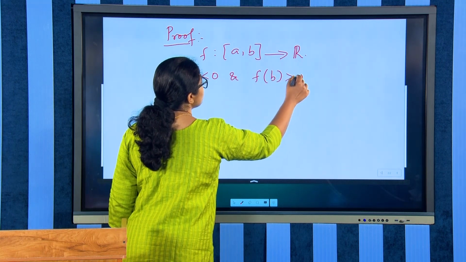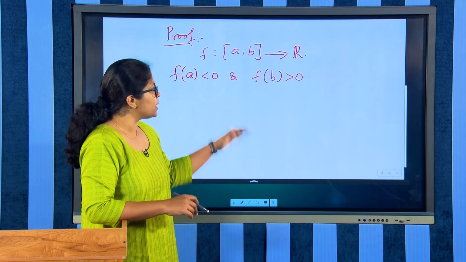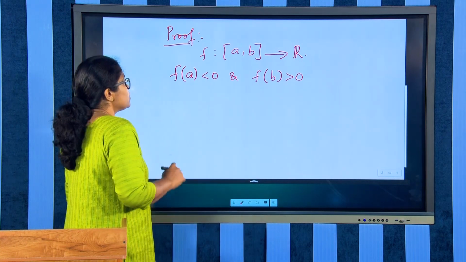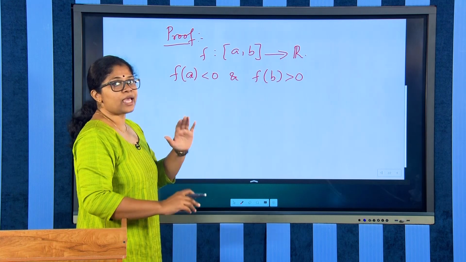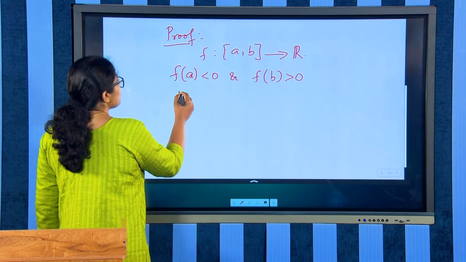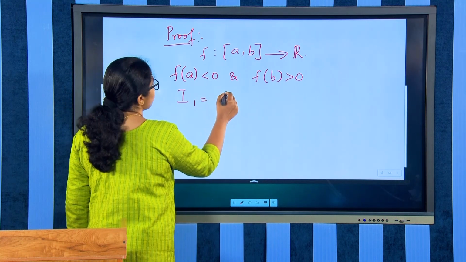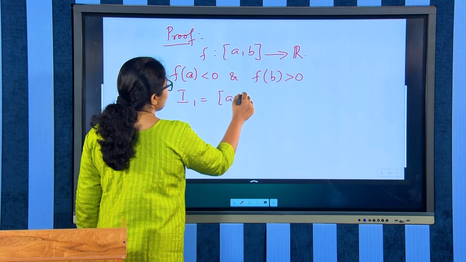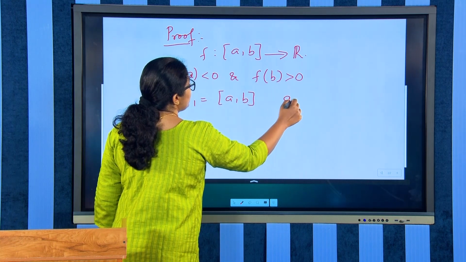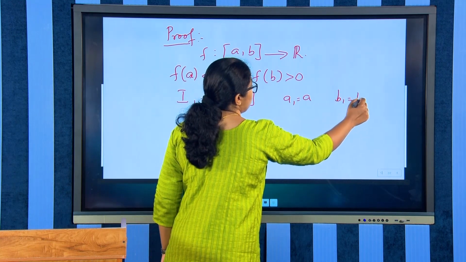So, we are restricting to this condition because the other condition automatically follows similarly. So, without loss of generality, we assume that f of a is negative and f of b is positive. So, the first interval that we are taking is exactly the same as your AB. So, A1 is equal to A and B1 is equal to B.